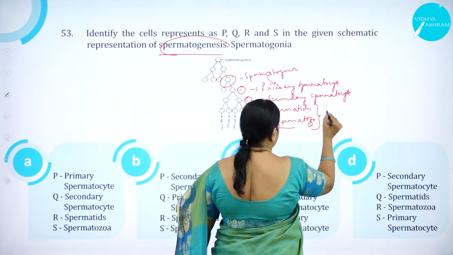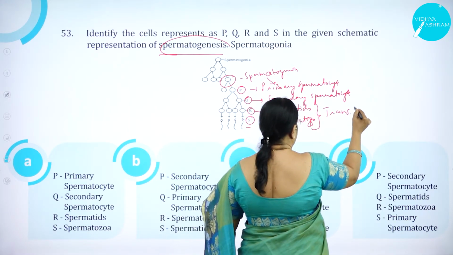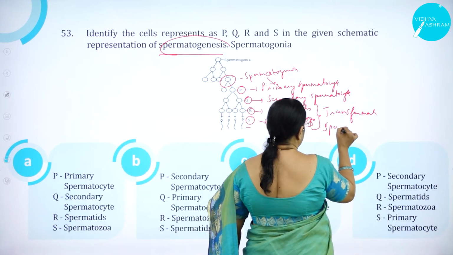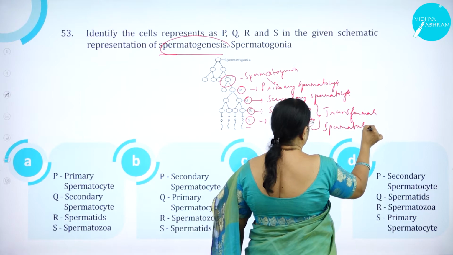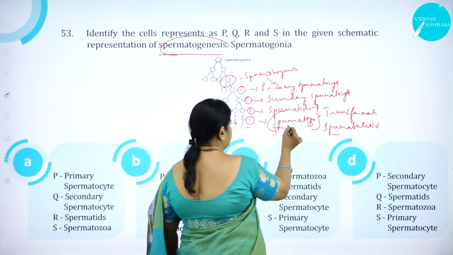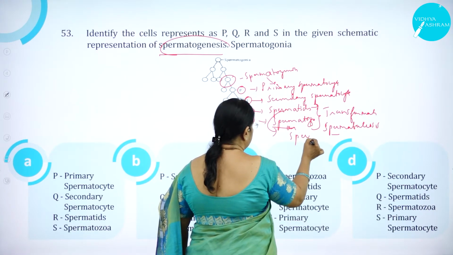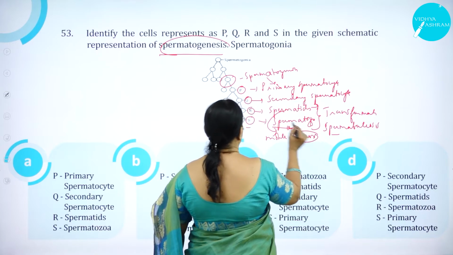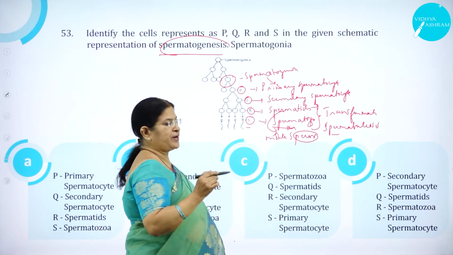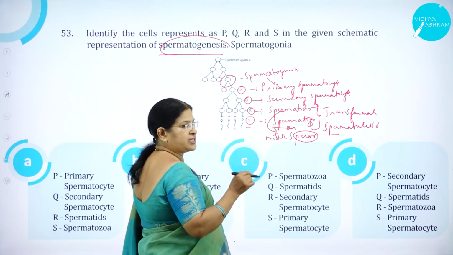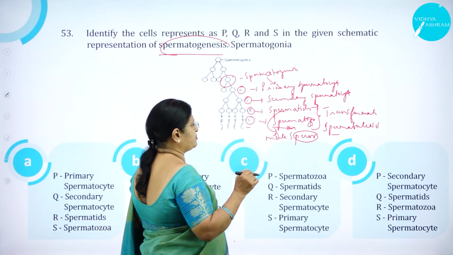Here you can see the transformation, which is called spermiogenesis, where the spermatids get transformed into spermatozoa, the motile sperms. So P is primary spermatocyte, Q is secondary spermatocyte, R is spermatids and S is spermatozoa.